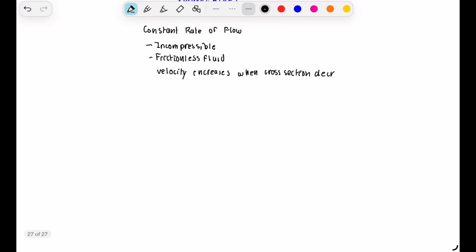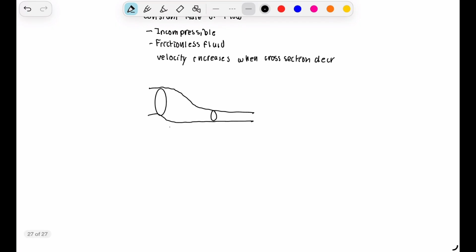So let's say that you have this pipe, and in the beginning it's really large, but it becomes more narrow. So here it has a large cross-sectional area, and here it's smaller. We'll call that area 2, and this is area 1. So our fluid will flow through.